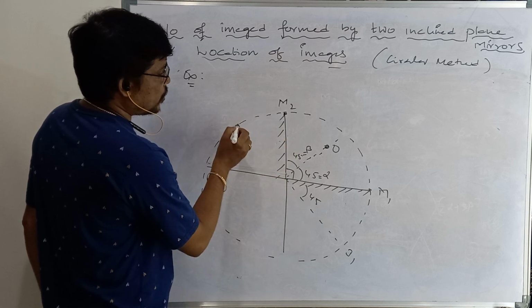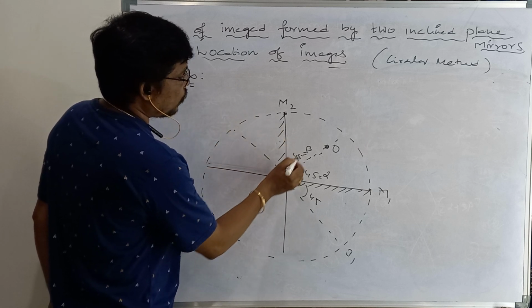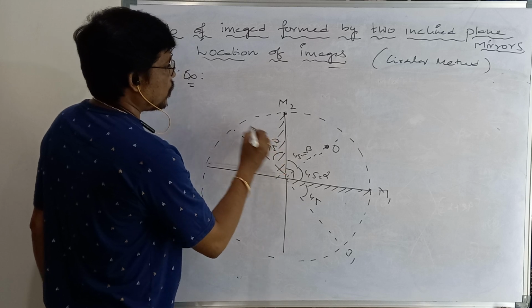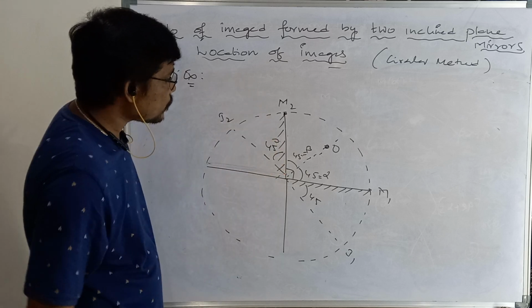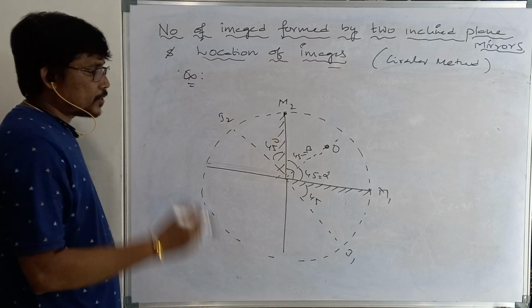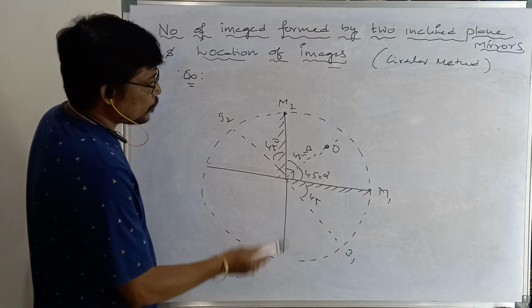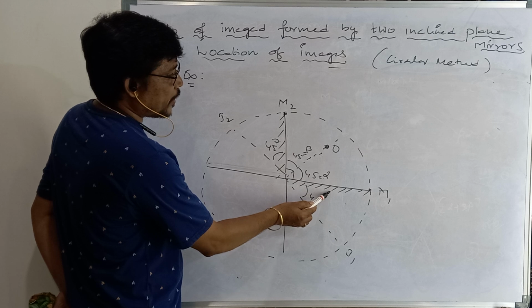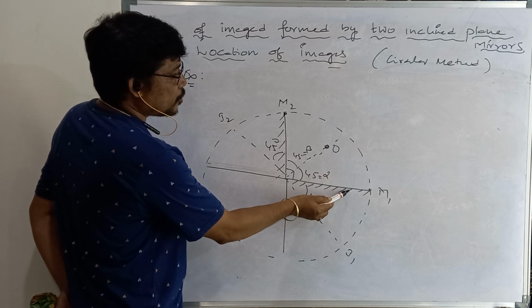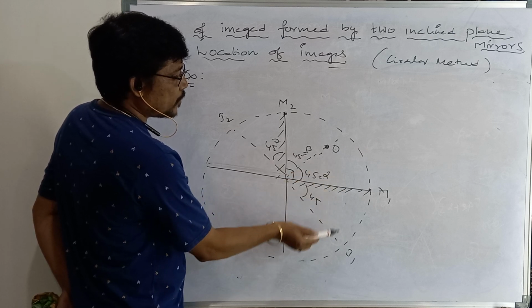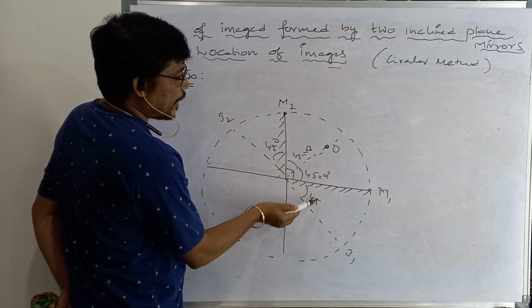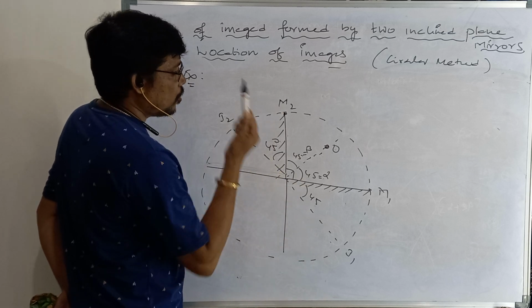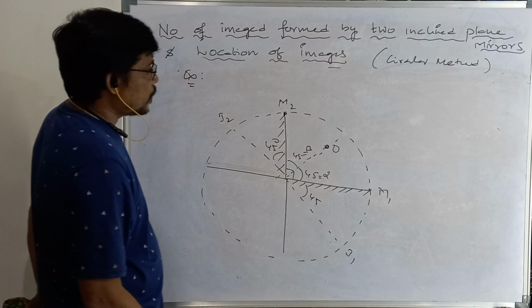An image is formed at an angle of 45. This is I2. Hope you understand this method. So simple. The object is here with an angle of alpha with this mirror, and the image produced by the mirror of this object is I1 with an angle of 45. Similarly here also 45.